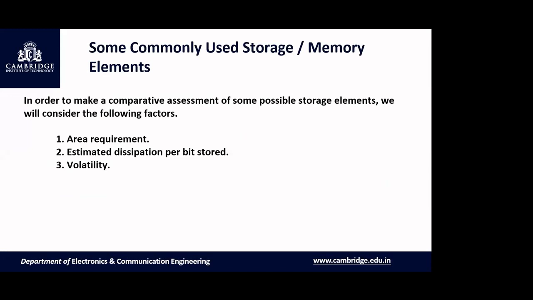Now we'll see some commonly used storage or memory elements. In order to make a comparative assessment, we'll consider some possible storage elements. We'll have to consider three factors: area requirement, estimated power dissipation per bit stored, and volatility. These three factors we'll consider for any memory element or storage element or register element.